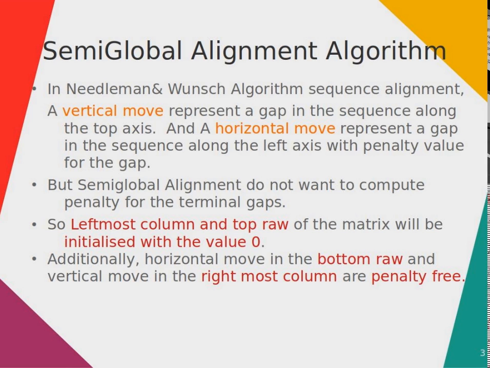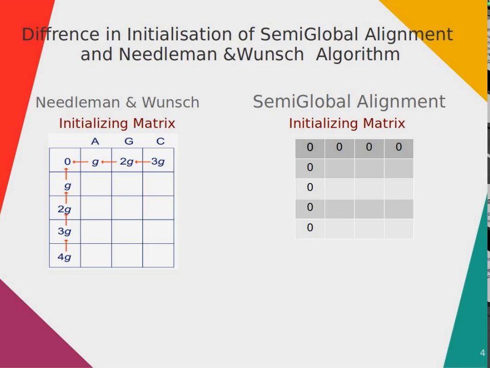But semi-global alignment does not want to compute a penalty for the terminal gaps. So the leftmost column and top row of the matrix will be initialized with the value 0. Additionally, horizontal moves in the bottom row and vertical moves in the rightmost column are penalty free.